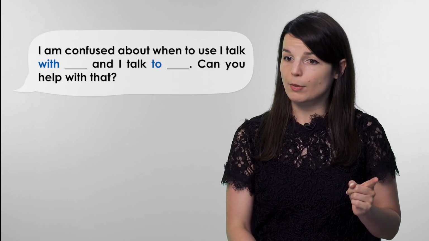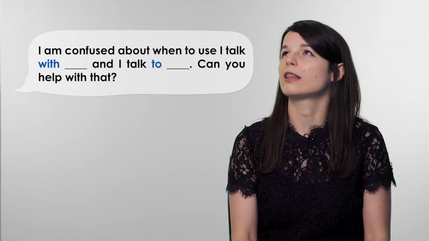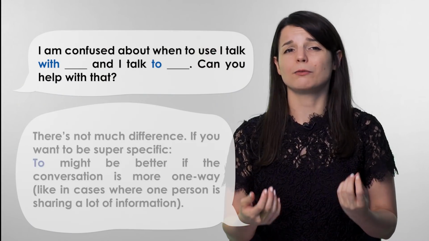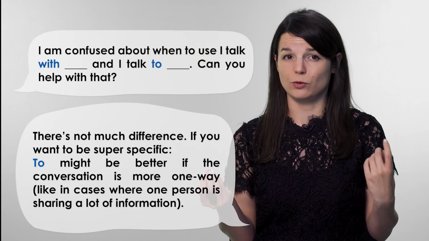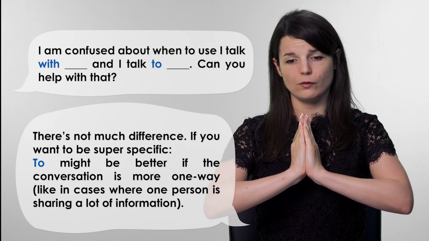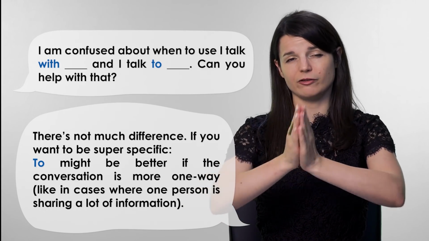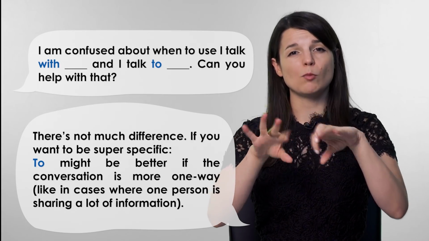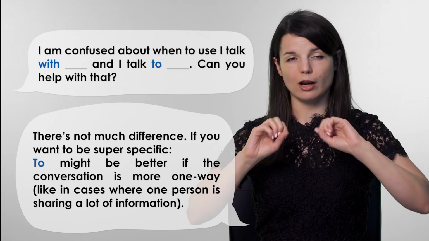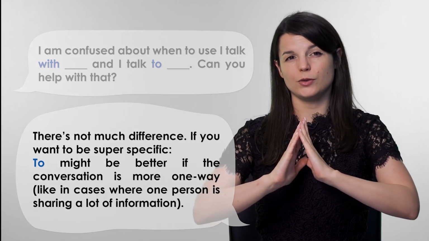Yes, I've spoken about this very briefly in, I think, the video about speak versus talk. Basically, there's not really a difference between to and with here. When we use to, though, I feel that it has more of a one-way conversational feeling. Like if you're giving someone information, if it's one person sharing a lot of information, talking, I might use to.